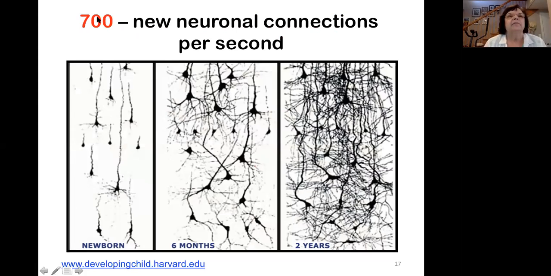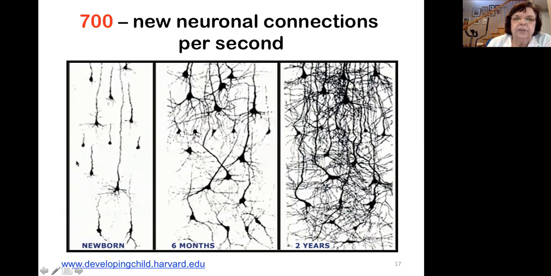So we have the 700 new neuronal connections per second. In the newborn, you notice they're not connected, and here they start by 6 months. They're really proliferating, and they're really going gangbusters by 2. Now, myelination of the nervous system, and this is showing that increasing myelination that happens by stimulation.